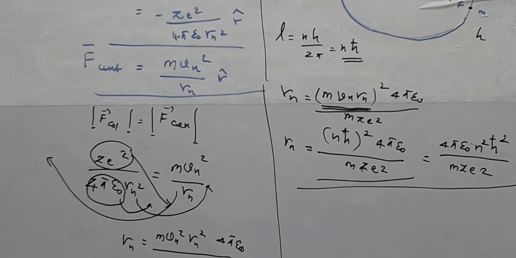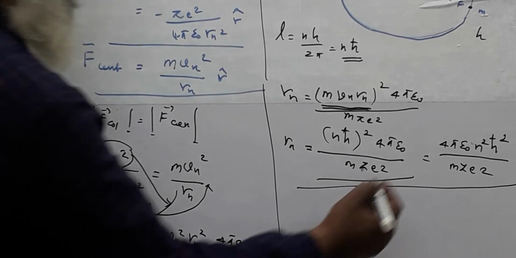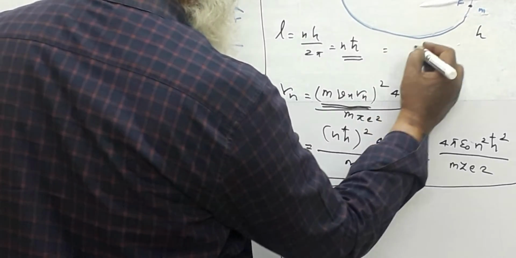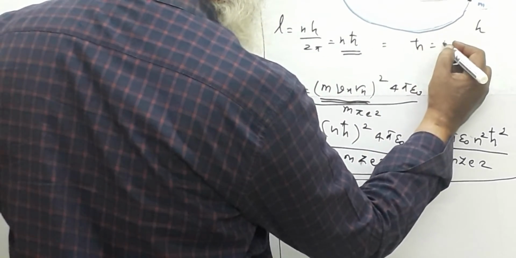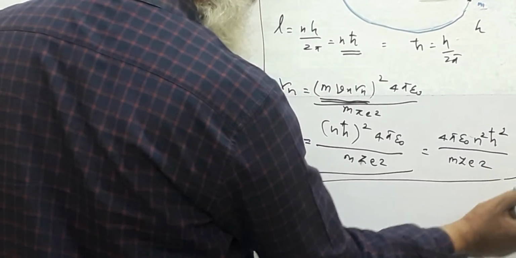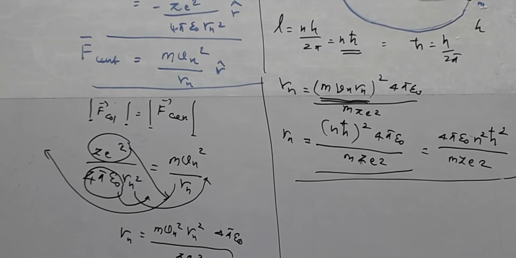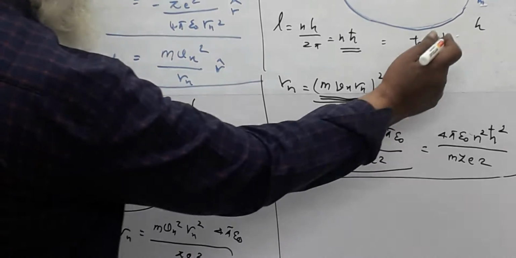Now I want to minimize this equation. Whatever form you like, h bar is nothing but h by 2 pi, so I put h bar in the form of h by 2 pi.